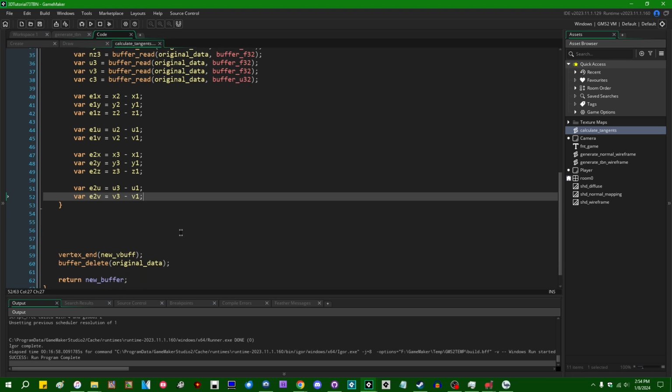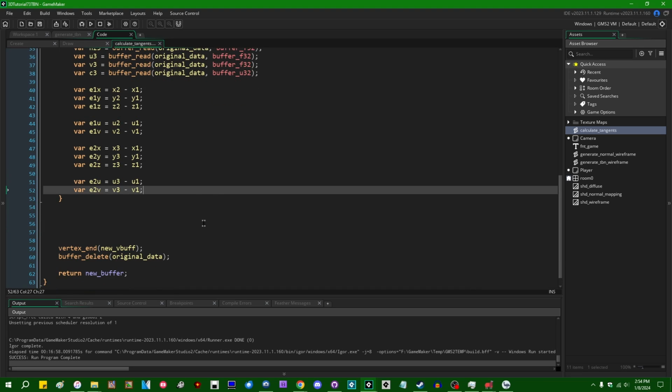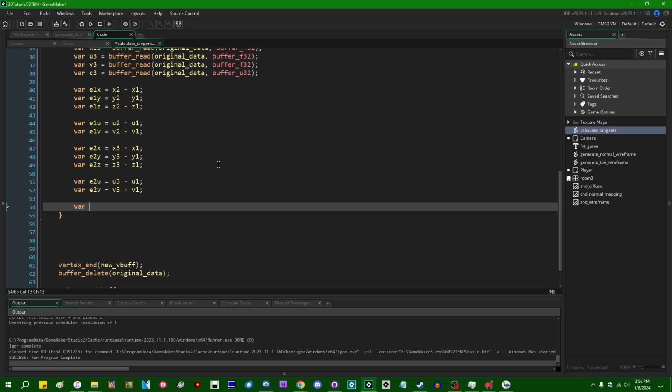So those are going to be our inputs into the big old calculation I'm going to do. So first, I will need what I suppose we can call the determinant of the matrix containing the delta UV values, the edge UV values, whatever.